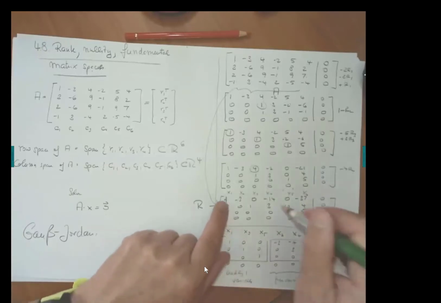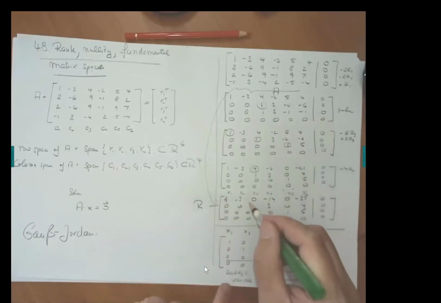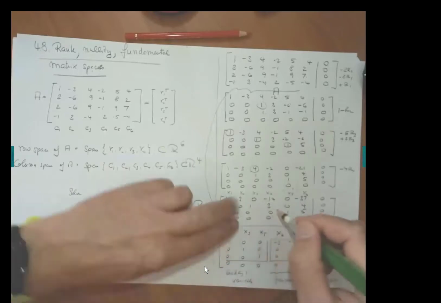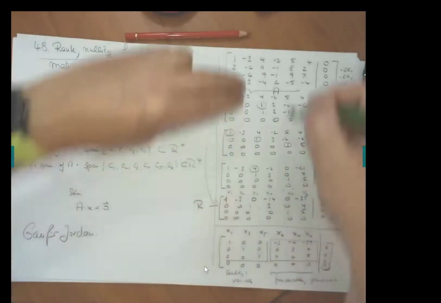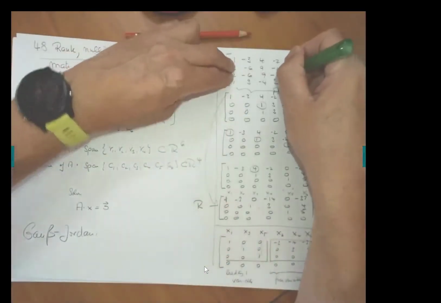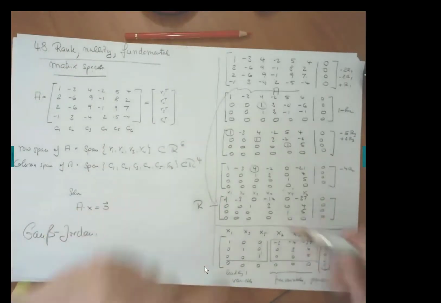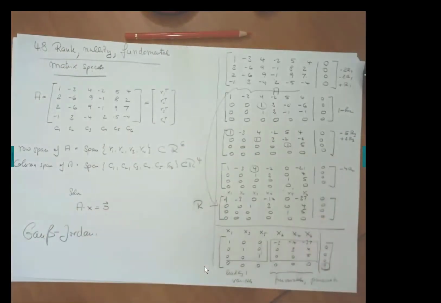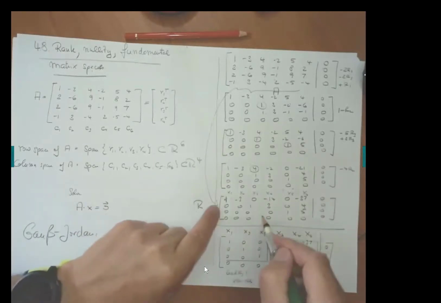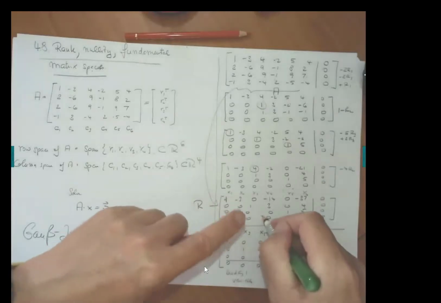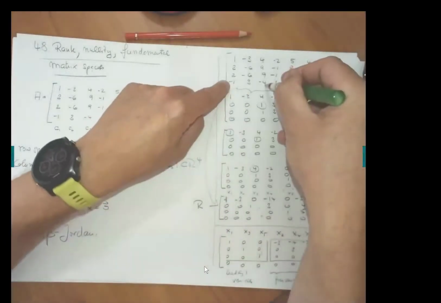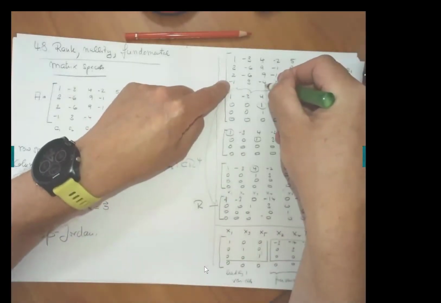So the row space is given by these three rows, and the row space here is the same as the row space here. So the row space has not changed, and obviously we have three linearly independent row vectors. So the dimension of the row space here is 3. Because it has not changed, the dimension of the row space here was also 3.